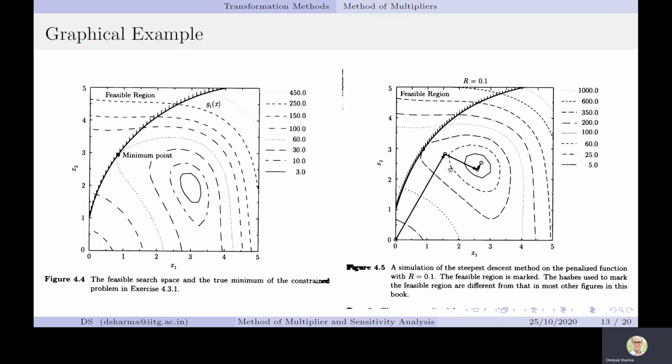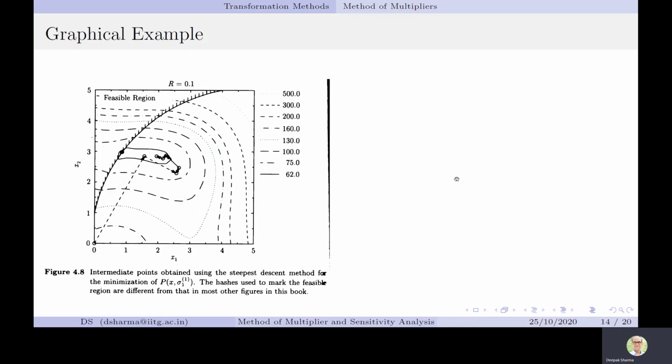Similarly, now we have to see the change in the contours. Now these contours are less distorted as compared to the penalty function method. In the sequence number 2, we started with the x1 point. Now can you see the contour here? These contours are moving as and when sigma value is updated. These contours are moving towards the optimum solution.